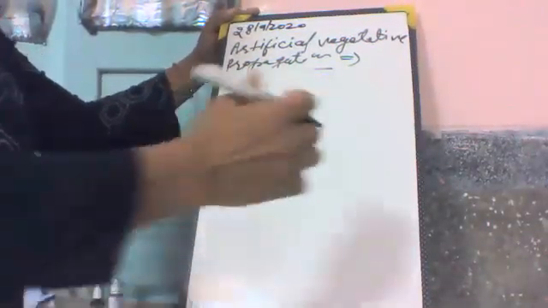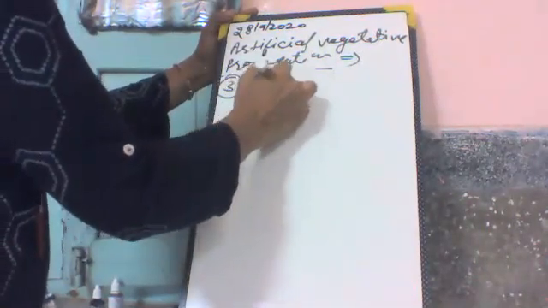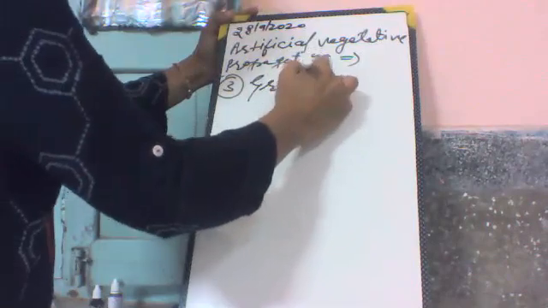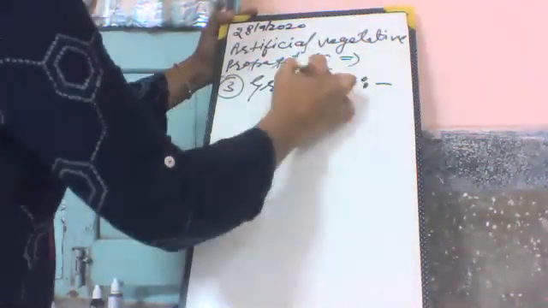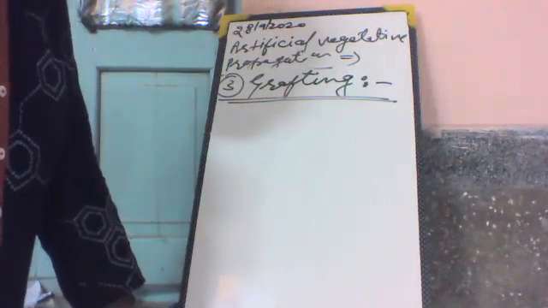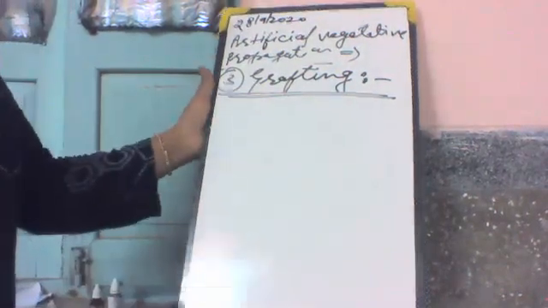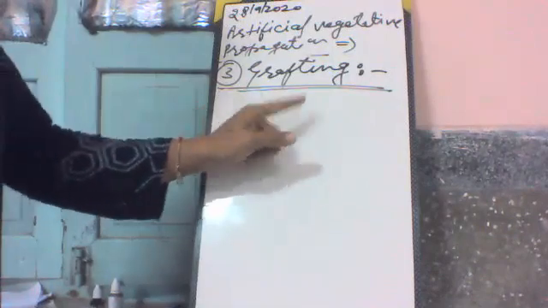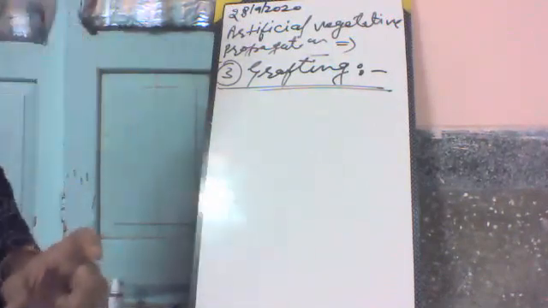In methods like this, for rose, mango, guava, a small shoot or bud of a desired variety is taken, in this grafting we have a particular aim, and it is intimately fixed on the stem of another plant of the same or a related species.